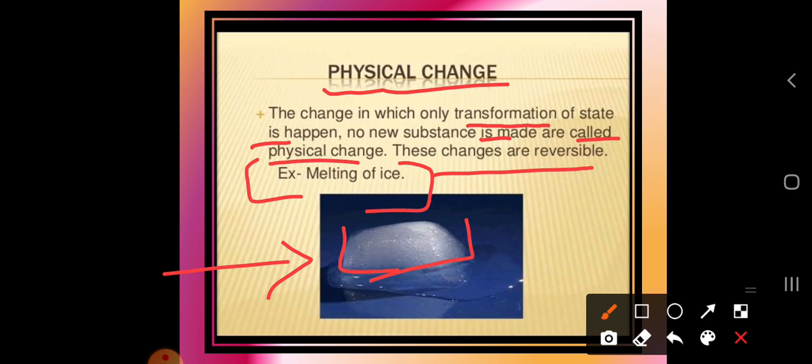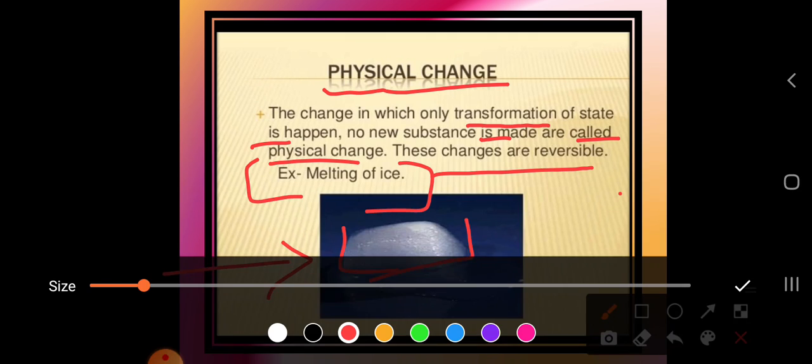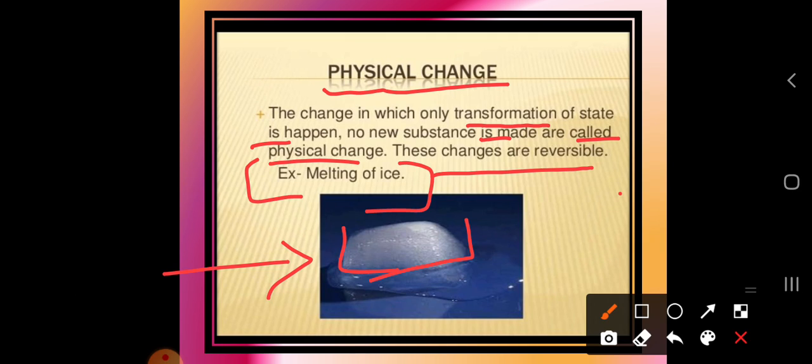This is one simple introduction to the physical change, where no new substance is formed, only the state changes, and these are reversible processes. So, these are some basic details about the physical change.